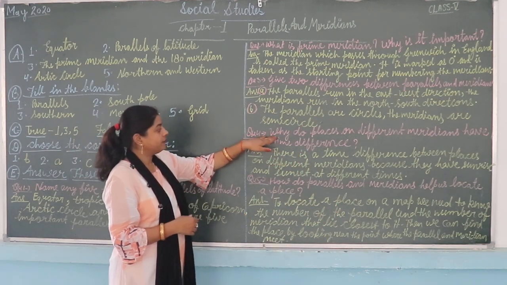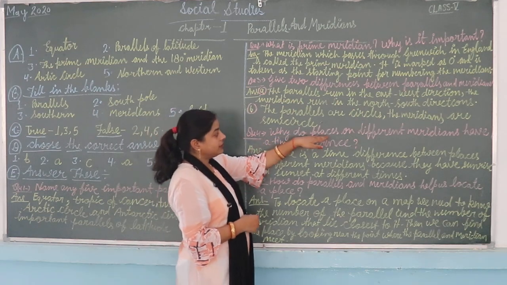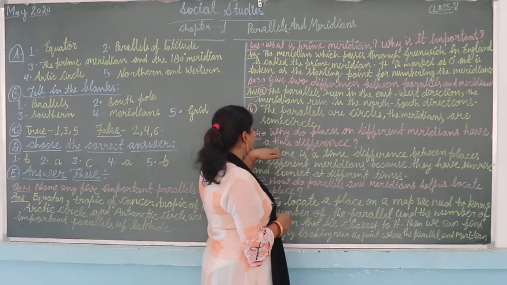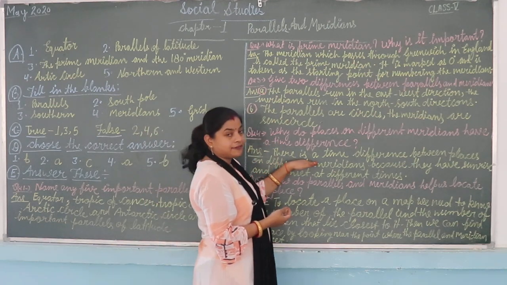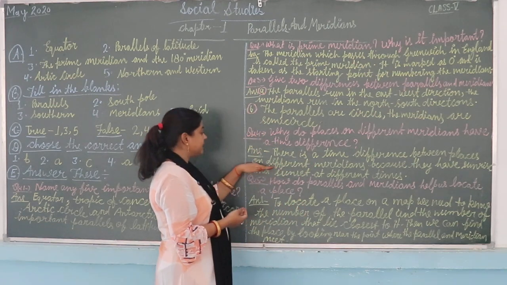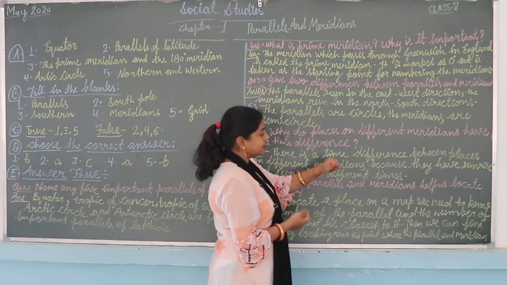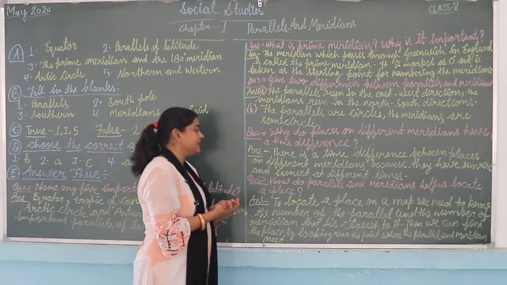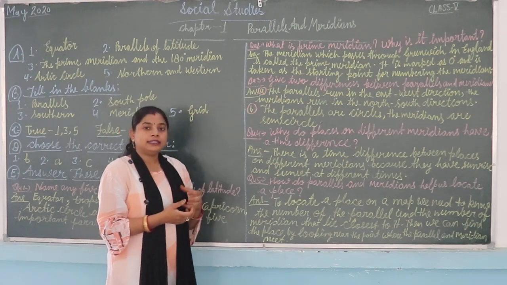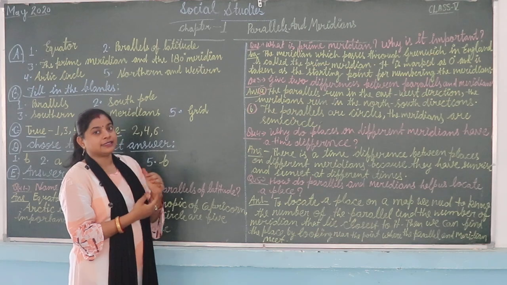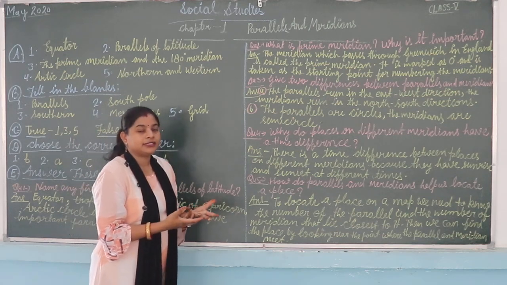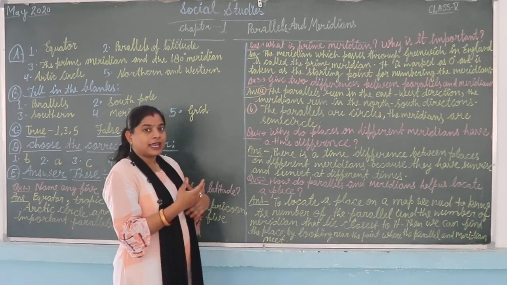Fourth question, why do places on different meridians have a time difference? There is a time difference between places on different meridians because they have sunrise and sunset at different times. That's why there is a time difference.